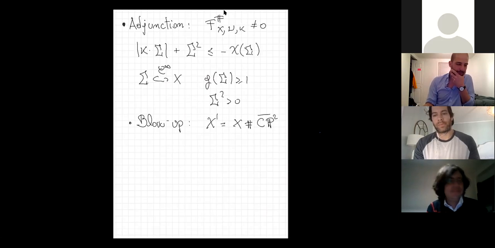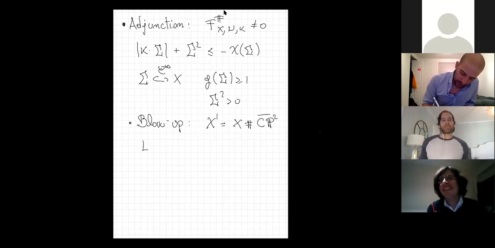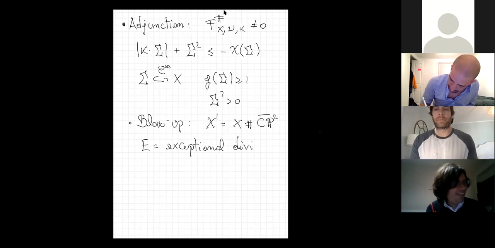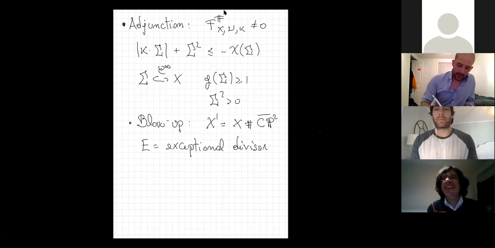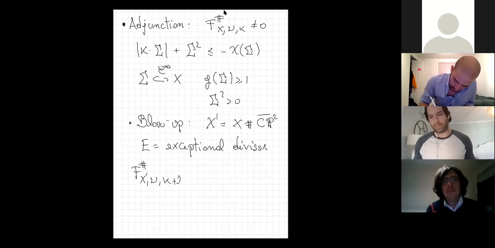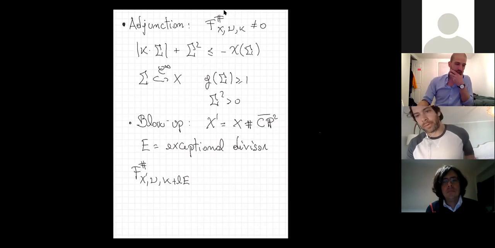If I call E the exceptional divisor, then I can look at the map associated to the blow up cobordism with the same framing and the same decoration, and I take the spin C structure I had on X and deform it using the exceptional divisor.